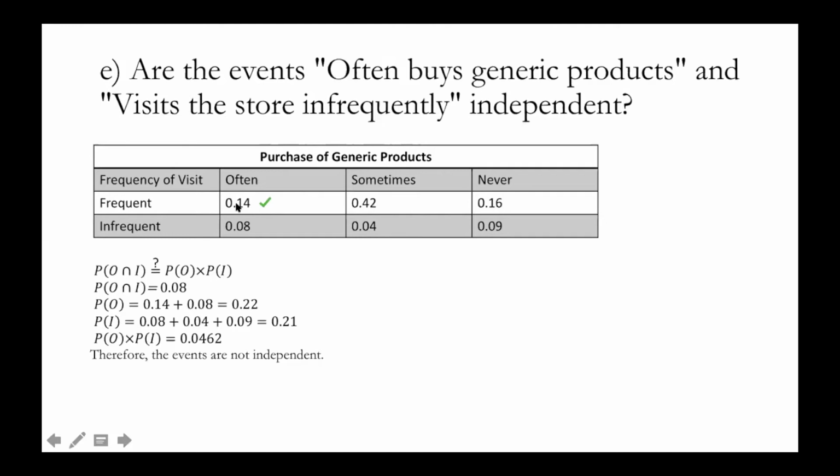Then you take this number and you receive 0.22. Then the probability of being an infrequent customer is simply the sum of all these events of being infrequent.